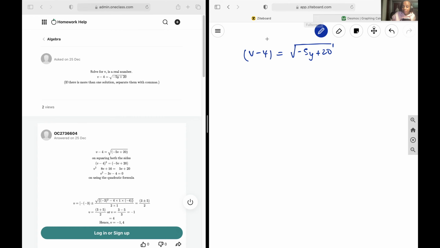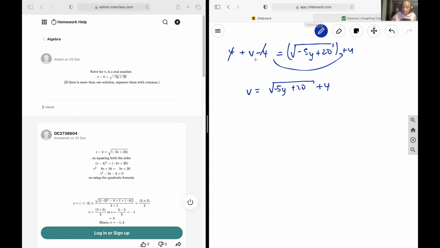So what this means is we're going to square both sides to get rid of, sorry, no, actually we're solving for v. So this can easily be solved by we just add 4 to both sides. And we get v is equal to the root of negative 5y plus 20 plus 4.